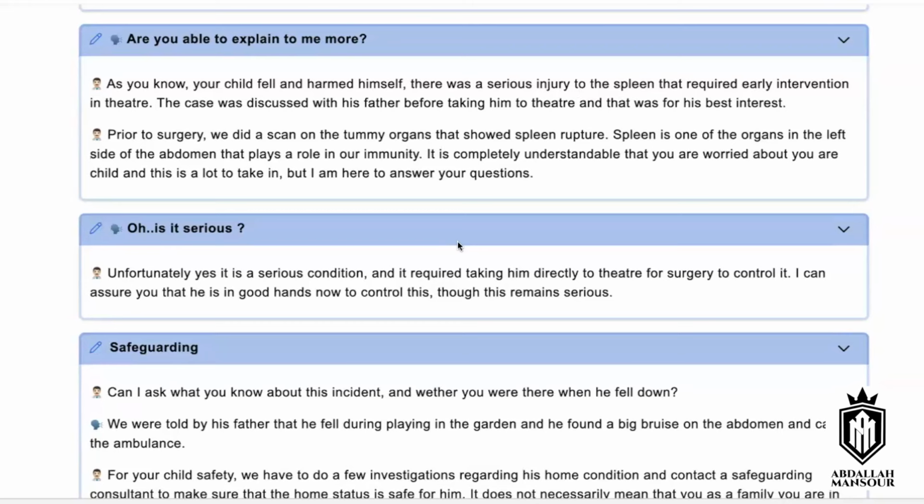So these are the risks. Is it serious? Yeah, you want to explain. You said clearly that yes, this is a serious condition. And when I asked, why didn't you speak with me before the surgery? I think you need to be a little bit more quiet when you're answering this question. You want to reassure them: I do understand your concern, but in certain scenarios, like your daughter scenario or your son scenario, it was a little bit tricky in terms of the situation. They were very unwell, and we had to take them to theater urgently for their best interest.